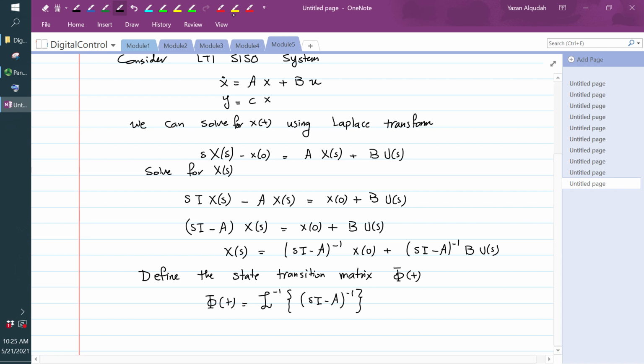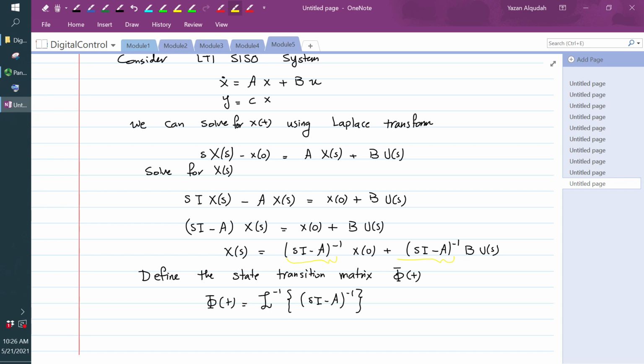So what I've done, I've taken this, and I said I'm going to define the inverse of that in the time domain as the state transition matrix, because if I multiply by the initial condition, it gives me how the states are changing with time, how the states are transitioning in time. So therefore, I define phi of t as the Laplace inverse of (sI minus A) inverse.